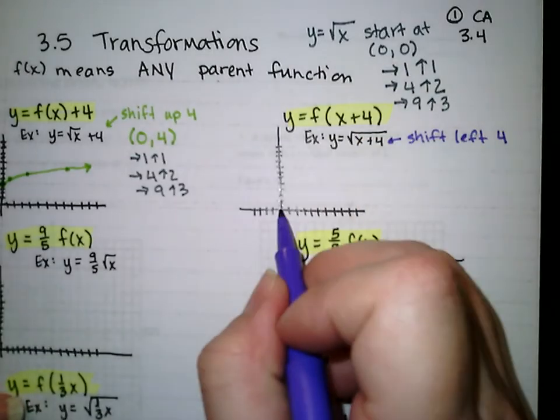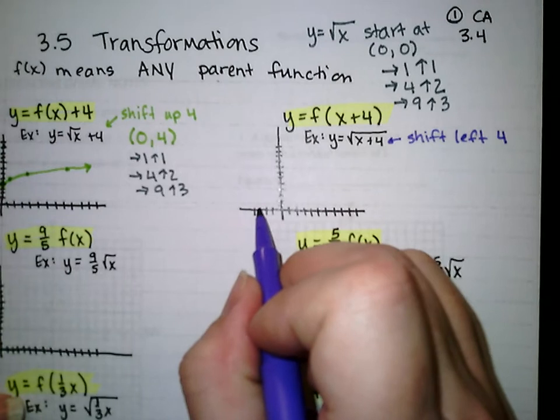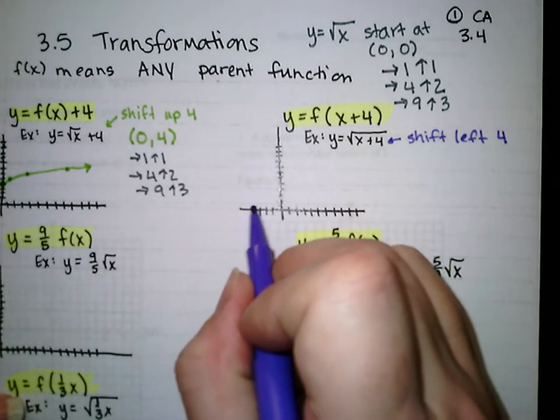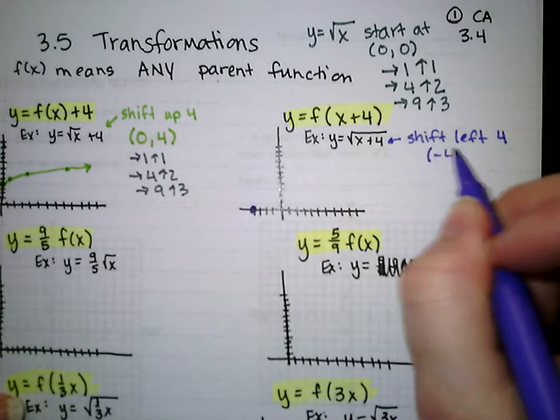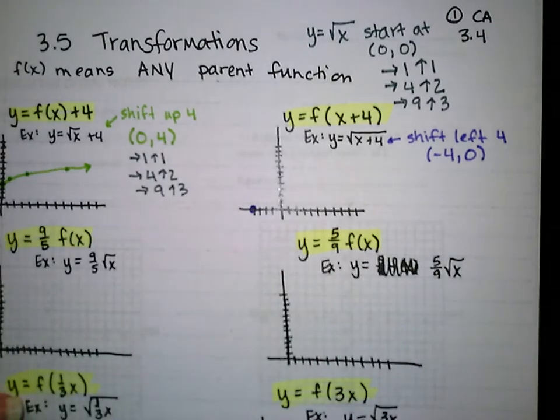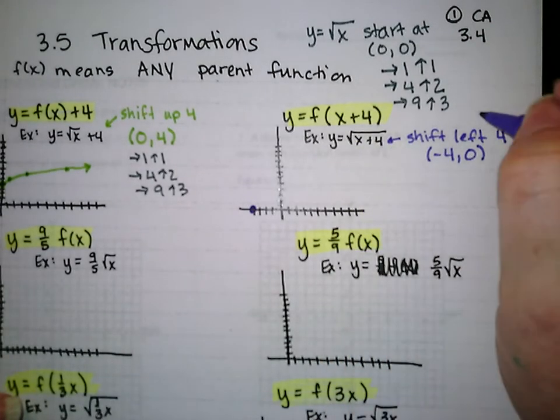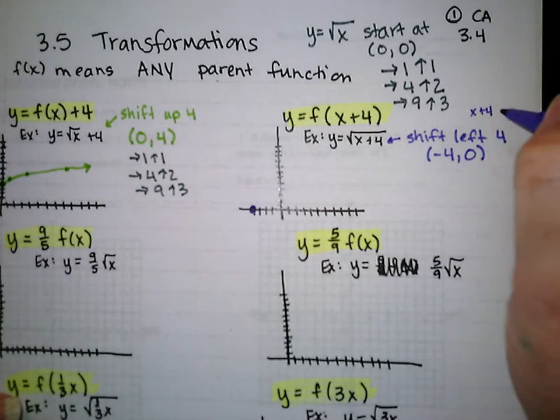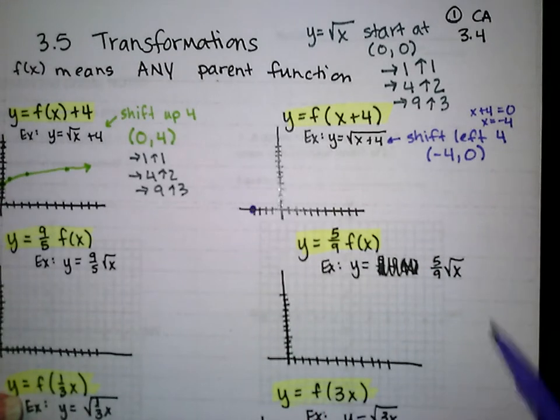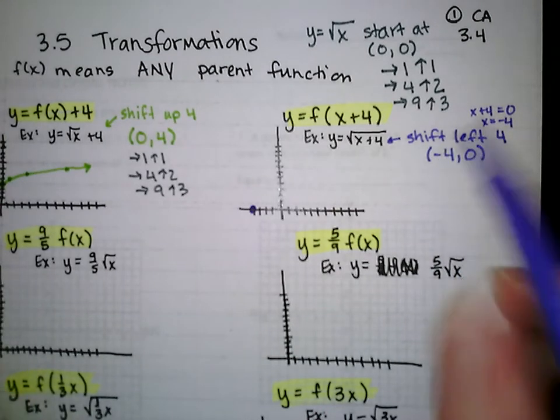Instead of starting at 0, 0, we shift left 4, 1, 2, 3, 4, and we start from negative 4, 0. Another way to think of that is to take what's inside that parenthesis, x plus 4, and set it equal to 0, subtract that 4 over, and that tells us x equals negative 4 would be our new starting point.